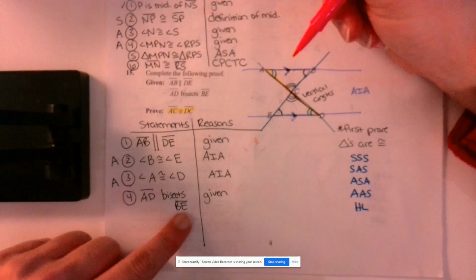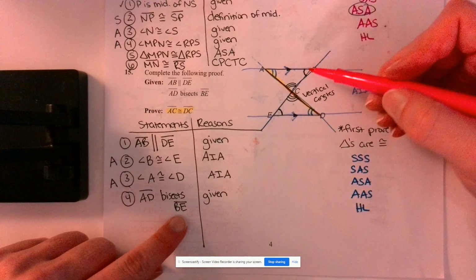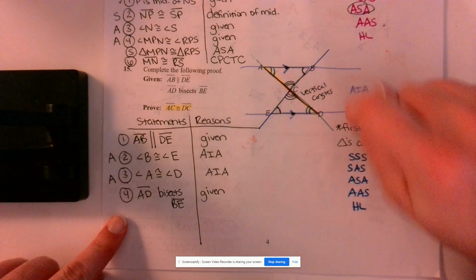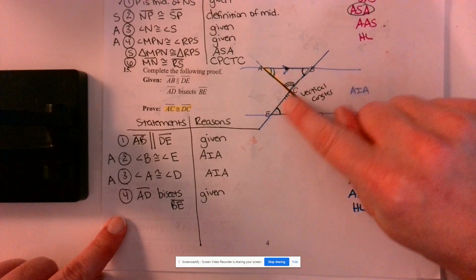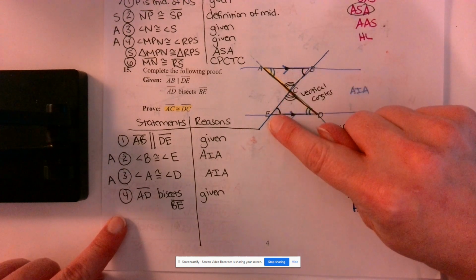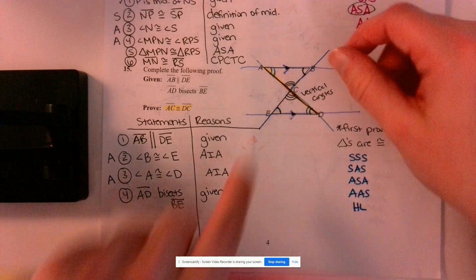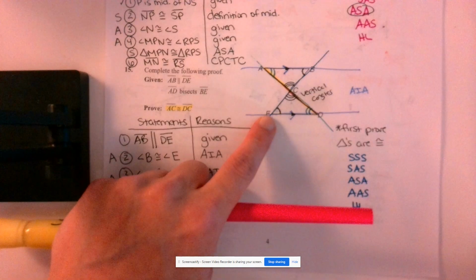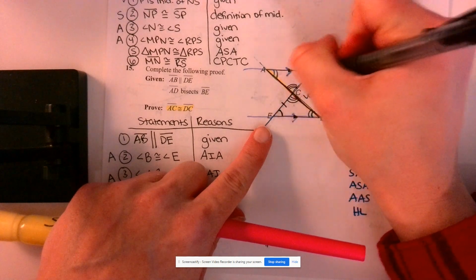It bisects line segment BE. Here's line segment BE. If AD bisects this line segment, it cuts it in half. It cuts it into two equal pieces. So line segment BE is being divided into two equal parts.